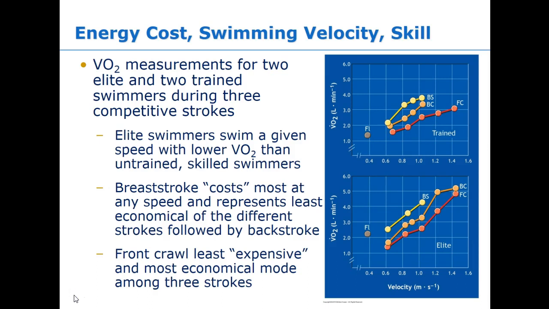What they found was that elite swimmers swim at a given speed with a lower VO2 than the untrained skilled swimmers. They discovered that breaststroke costs most at any speed and represents the least economical of the different strokes, followed by the backstroke. And this particular study said that the front crawl is the least expensive, most economical mode among the 3 strokes.